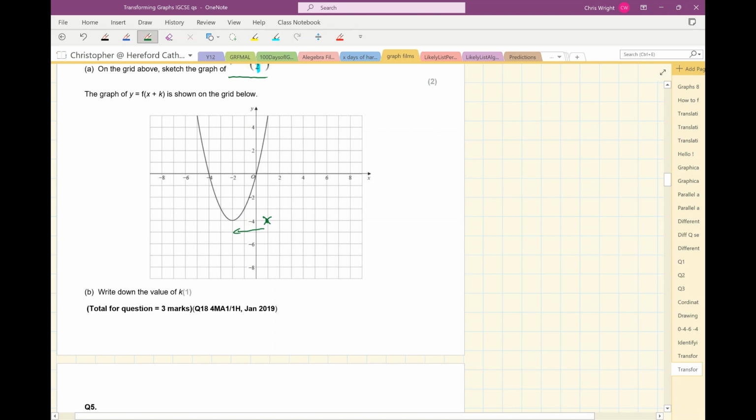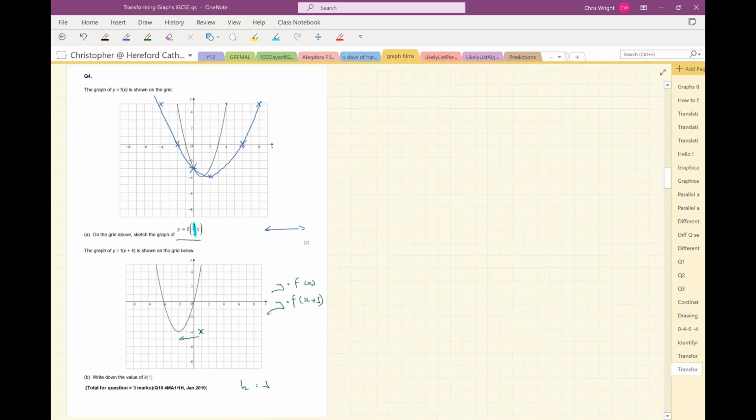So if I want to move y equals f of x 3 units to the left, it's now going to be y equals f of x. Now it's going to be inside the bracket because it's a change to the x. It's going to be moving to the left 3 places, so I'm going to want to have x plus 3 there. So the value of k is 3.